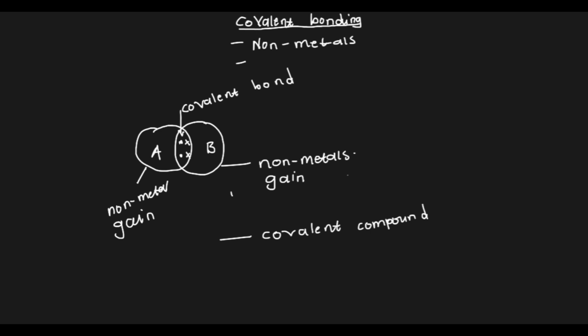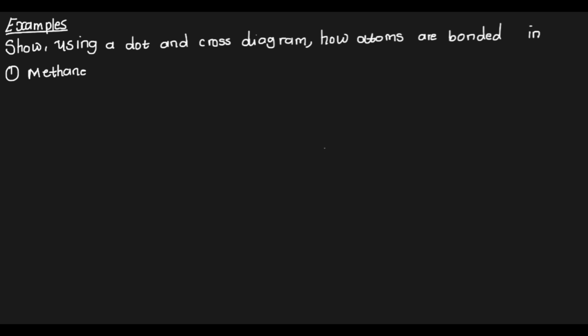Now, let's look at examples. We want to show, using a dot and cross diagram, how atoms are bonded. The first one is methane. The chemical formula for methane is CH4, or we can form it by using the valences.